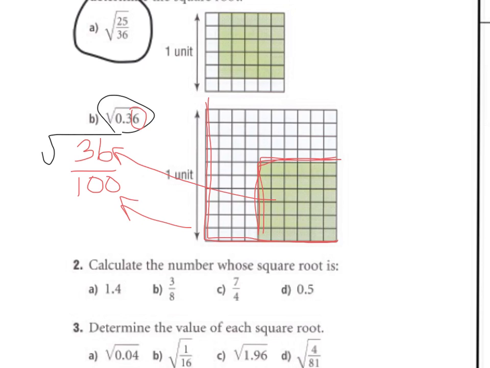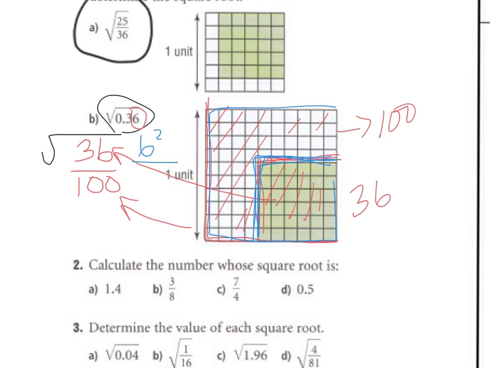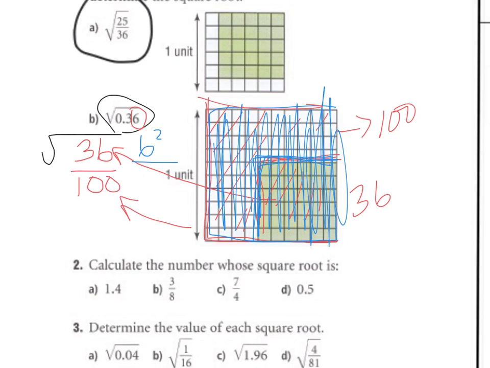So the area here is 100, and the area here will be 36, and the square that is created by an area of 36 is a 6 by 6, or 6 squared, and the area that is created by 100, that's all of it, 100 squares, is a 10 by 10, so it's 10 squared.